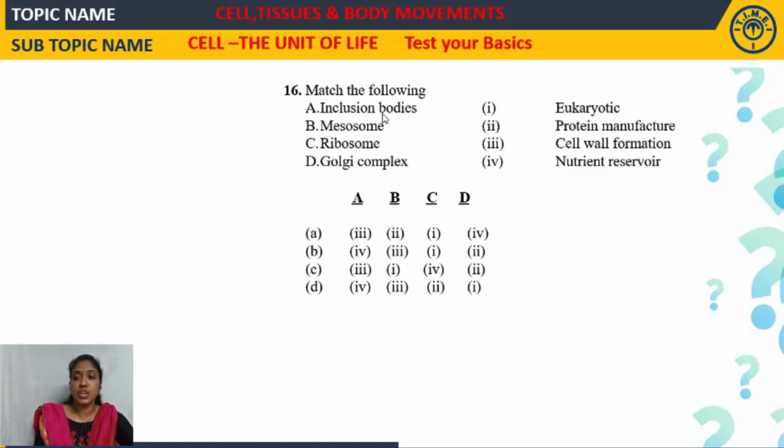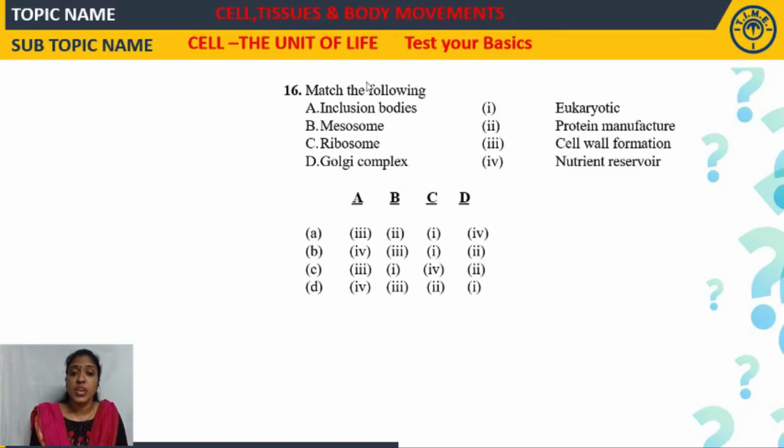Inclusion bodies are seen in bacteria. I am not repeating because we have already discussed it in the previous question. Their function is storage. They are meant for the reservoir of excess food materials, or we can say they are nutrient reservoirs in the form of carbohydrates or proteins.